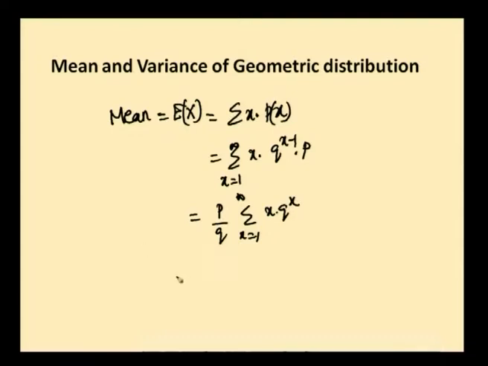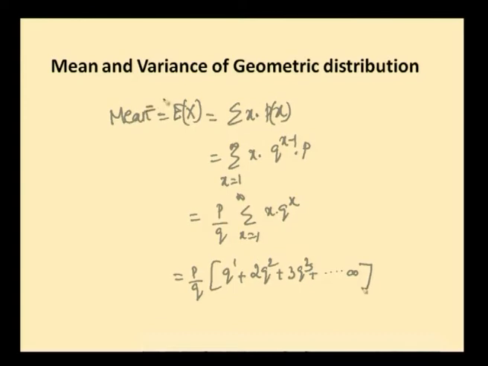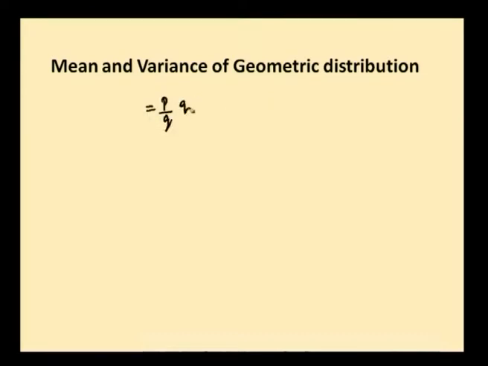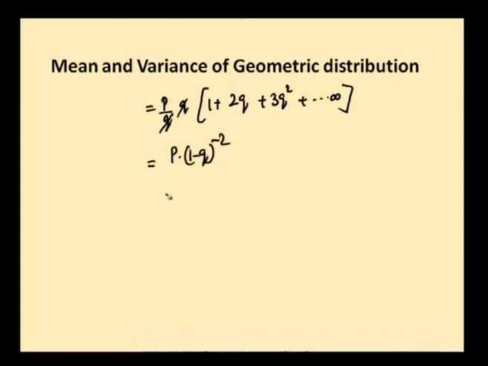Just expand this, p by q, 1 into q power 1 plus 2 q square plus 3 q cube etc. up to infinity. Okay. Q is taken outside, p by q, q into 1 plus 2 q plus 3 q square plus etc. up to infinity, and this q gets cancelled, p into 1 minus q whole power minus 2.